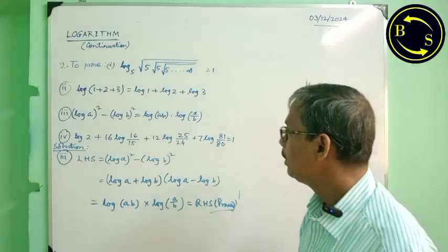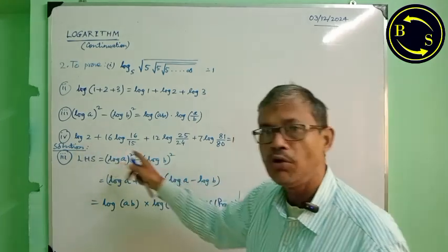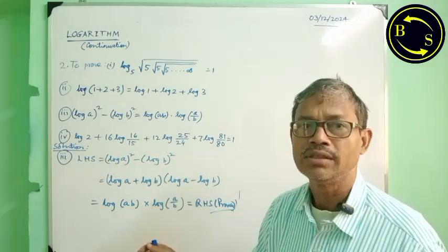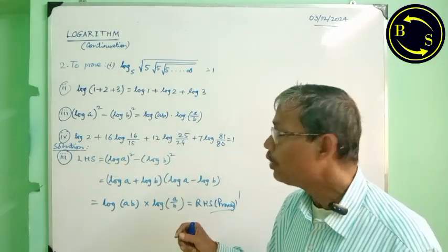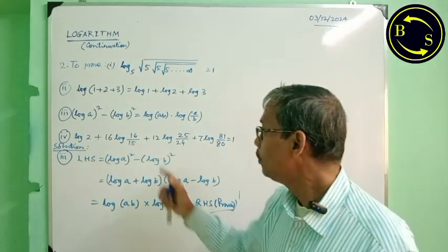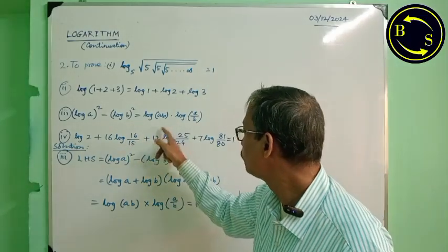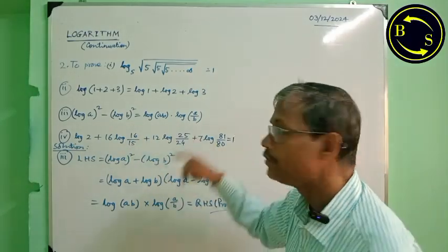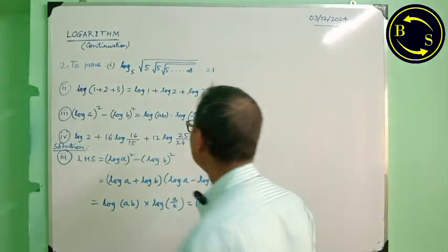Actually, if we write the whole, that will be a larger one. To avoid that, we calculate these three quantities separately first. Number 4.